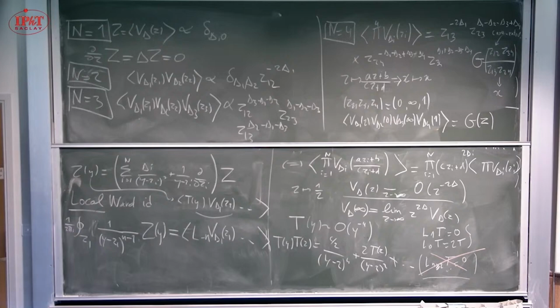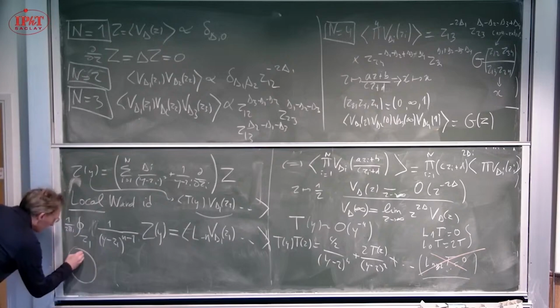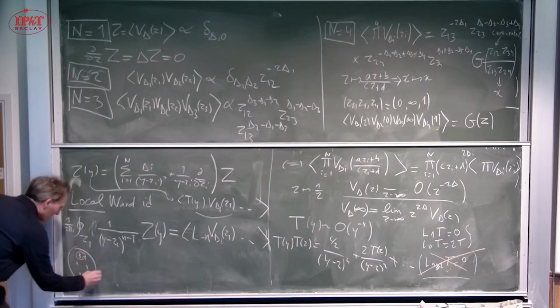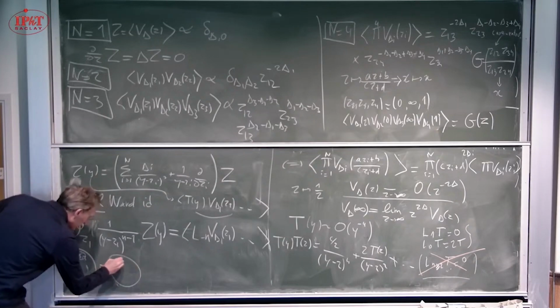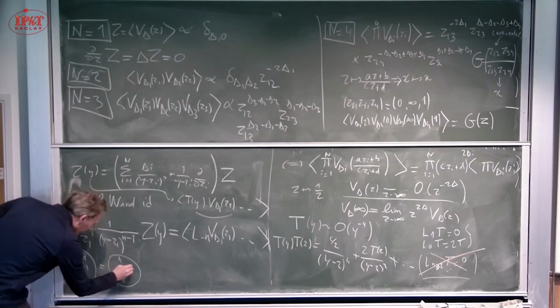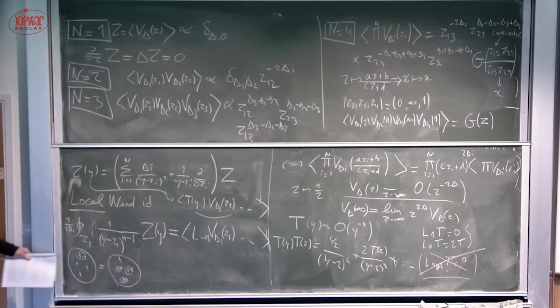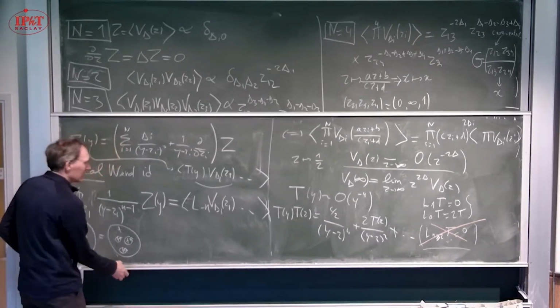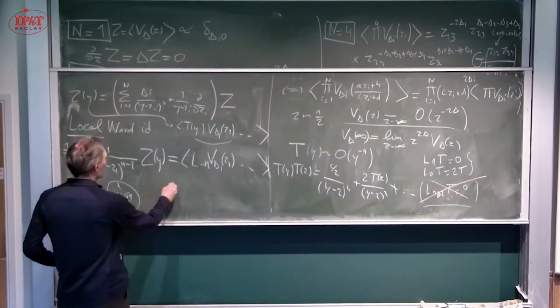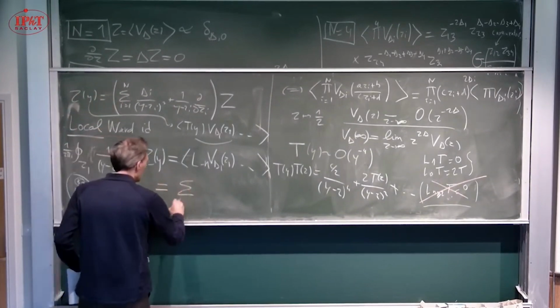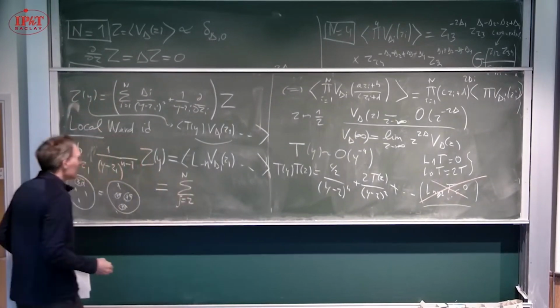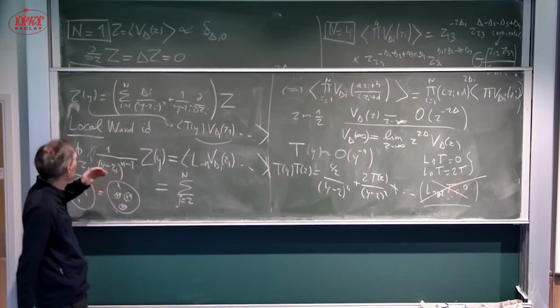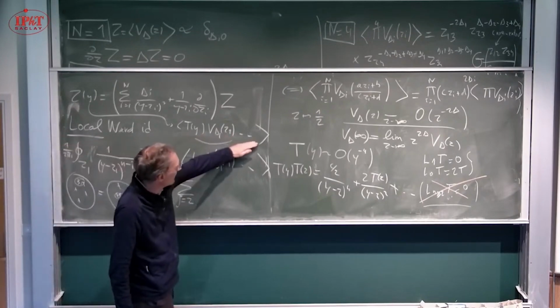On the other hand, I'm on the sphere. So here I have a contour around Z1, but that's the same as taking the sum of contours around all the other positions of the other fields. If I do that, I rewrite the same quantity as a sum, j equals 2 to N. And then again, I have to use the OPE of T, but with the other fields.